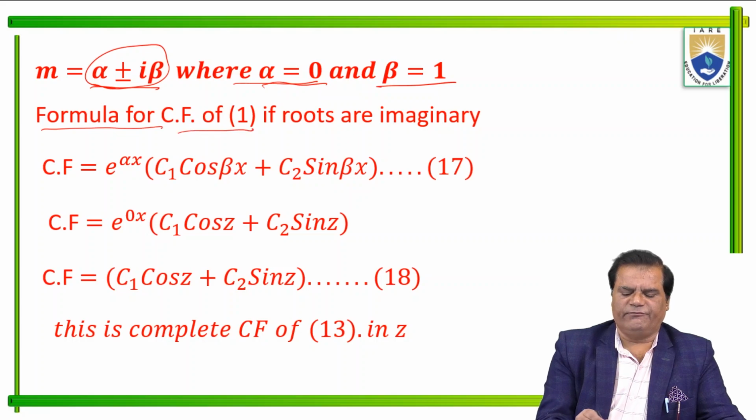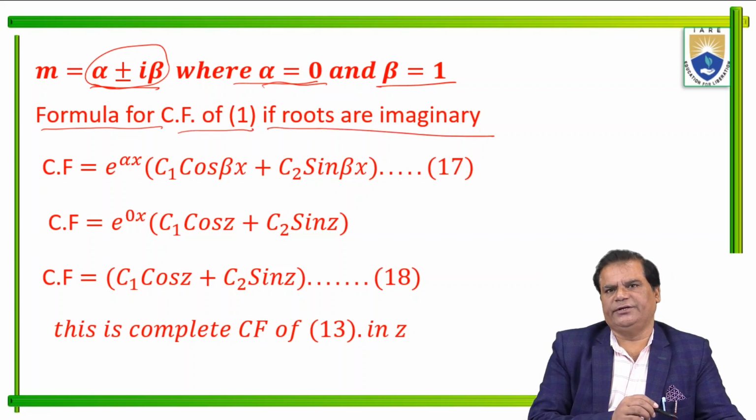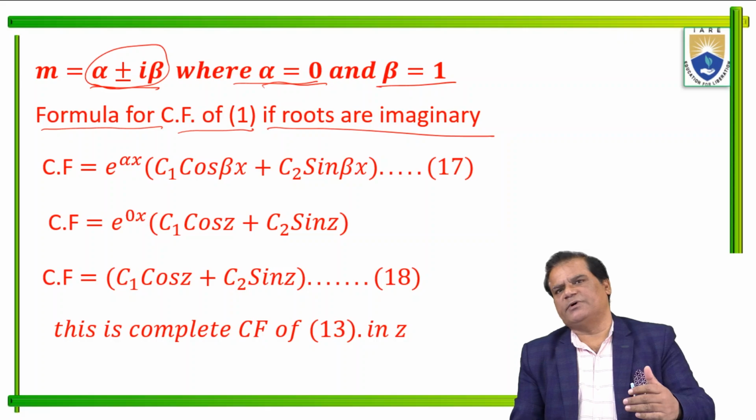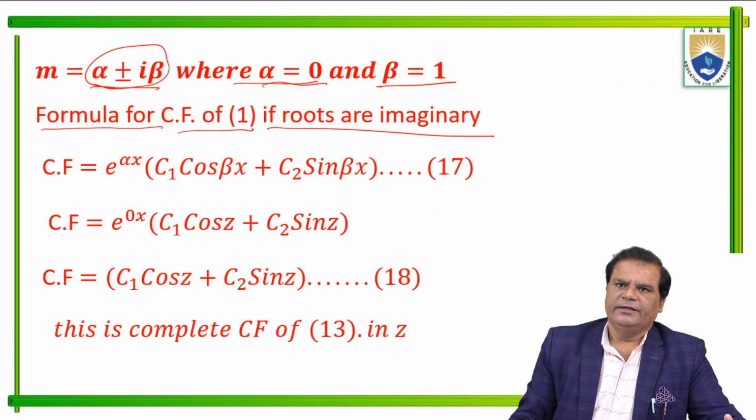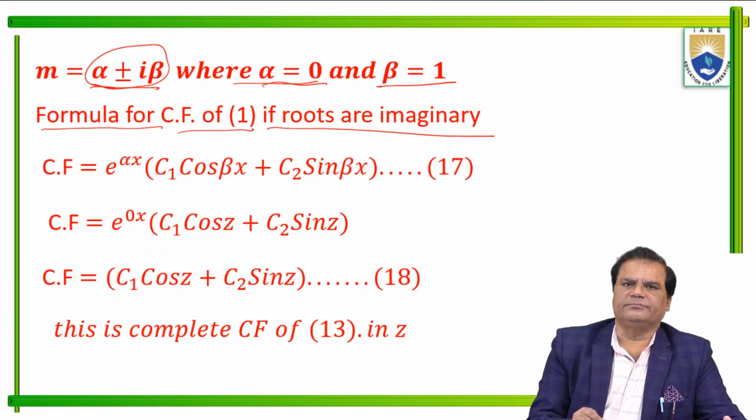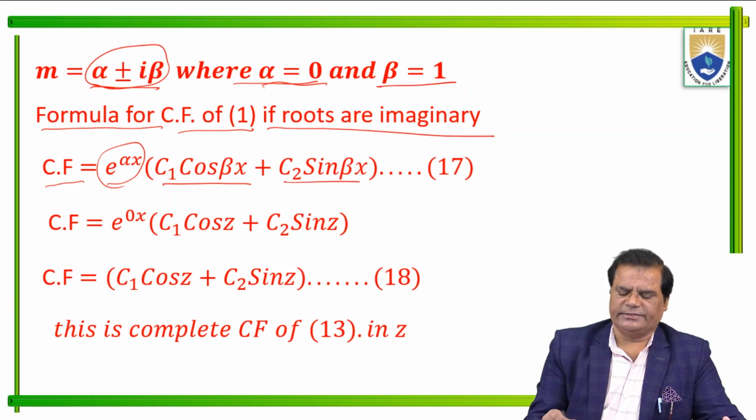Formula for CF if roots are imaginary: we have discussed this formula several times. If the roots of the auxiliary form are imaginary, then the complementary function is e^(alpha x)(c1 cos beta x + c2 sin beta x). This is formula 17.